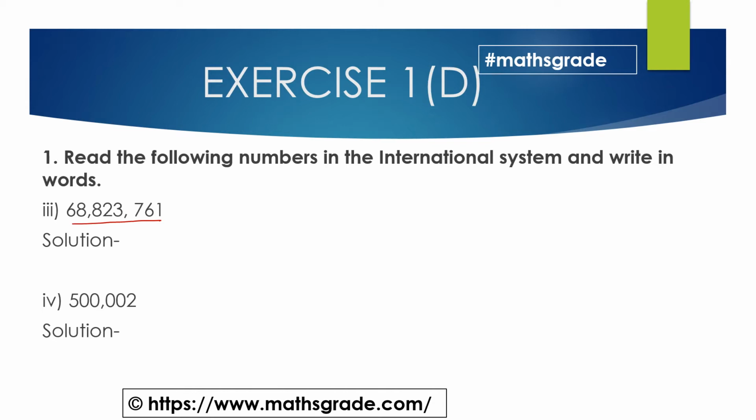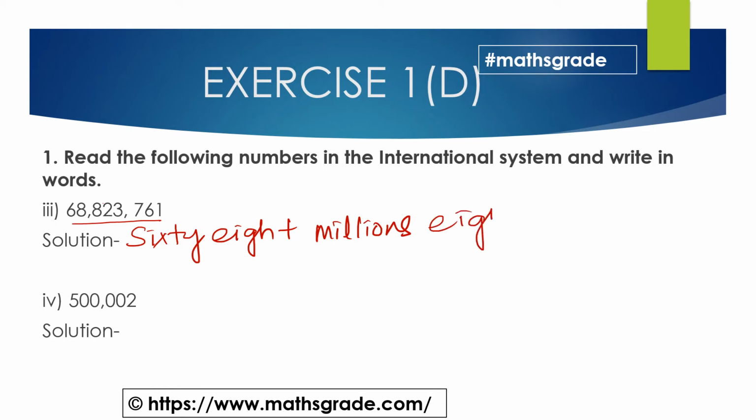This is the millions place, this is thousand place and this is hundred place. So 68 million, 823 thousand, 761.